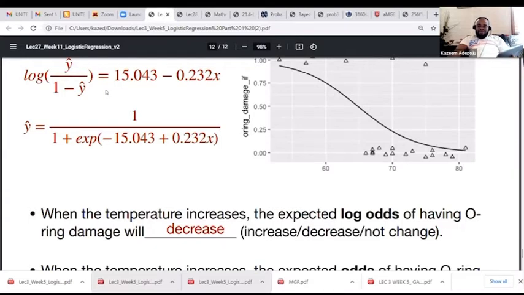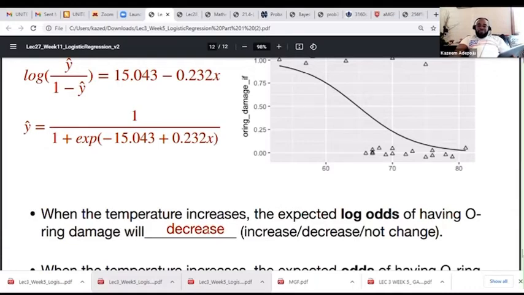Now, you're using the Logit form. This is how you're going to interpret the Logit form. Look at that. When the temperature increases, the expected, look at the word, you got to put expected, the expected log odds of having O-ring damage will decrease.